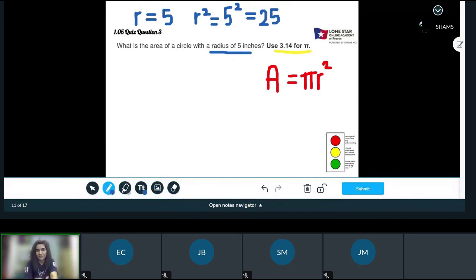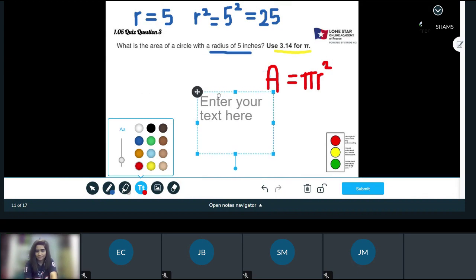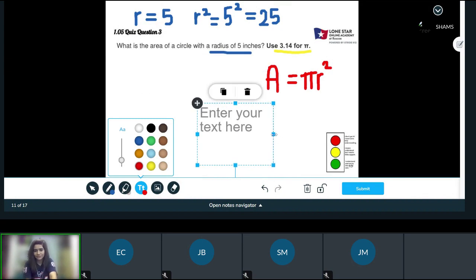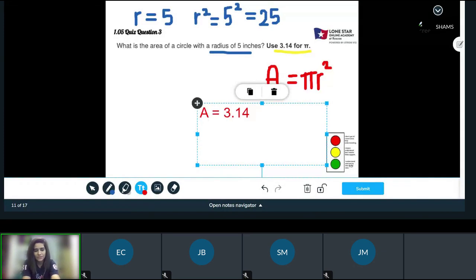Then, very good, Isaiah, I agree with you. Then, you simply find the answer for the area of the circle by multiplying. You can say area of the circle equals pi, that is 3.14, times r squared, 25.